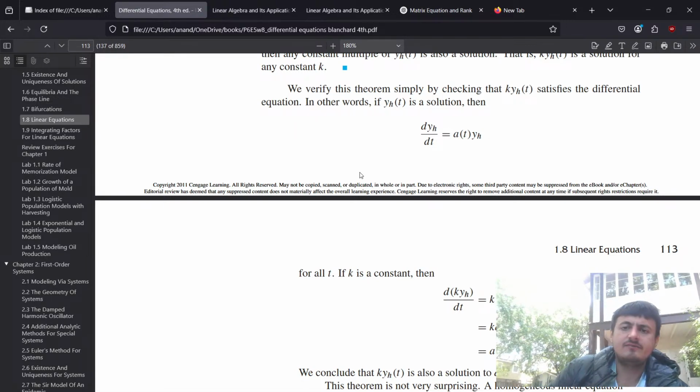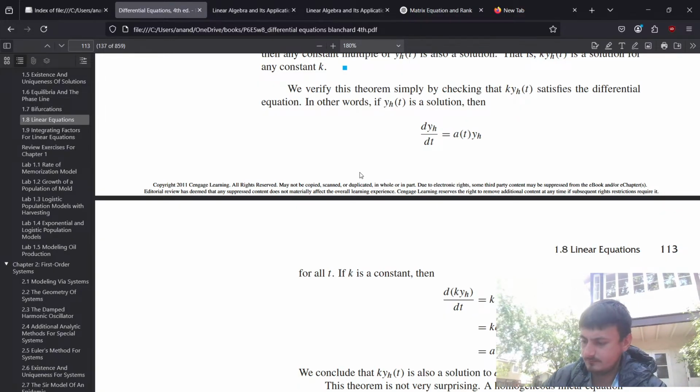In other words, if y sub h of t is a solution, we get d(k y_h)/dt is equal to k times dy_h/dt, which is equal to k a of t y_h.